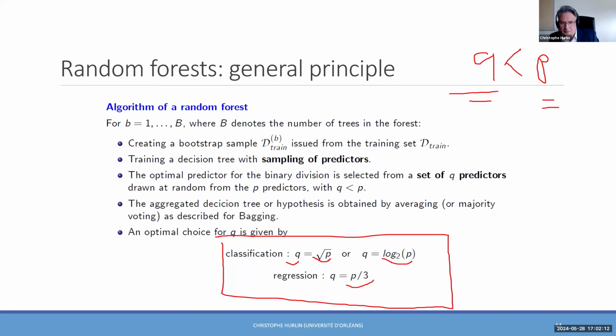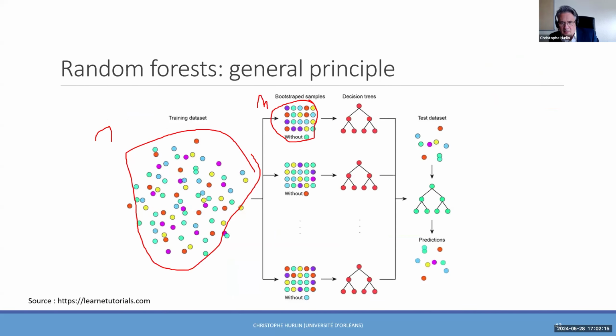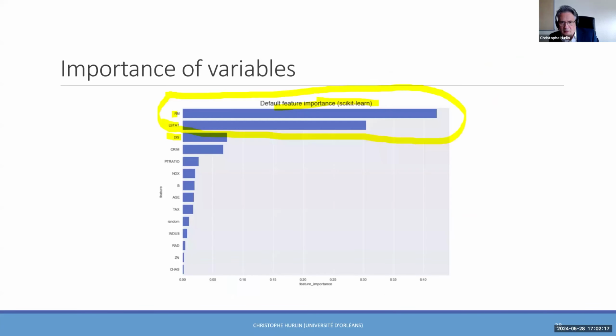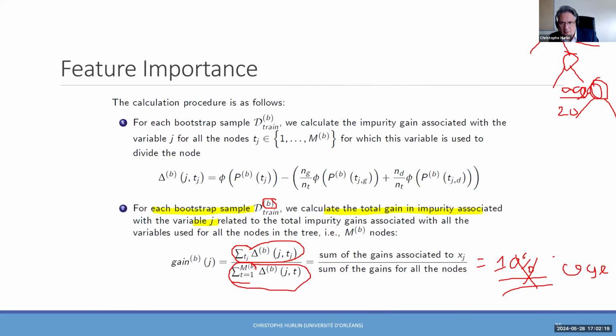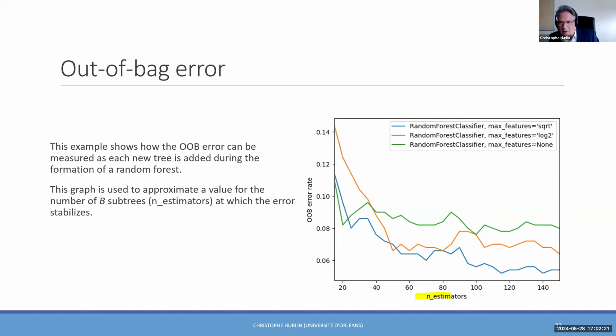This is why, remember, here we have a random forest with max feature square root, a random forest with max feature log2, and a random forest with max feature none, which is not a random forest, this is a bagging model. This is bagging here.